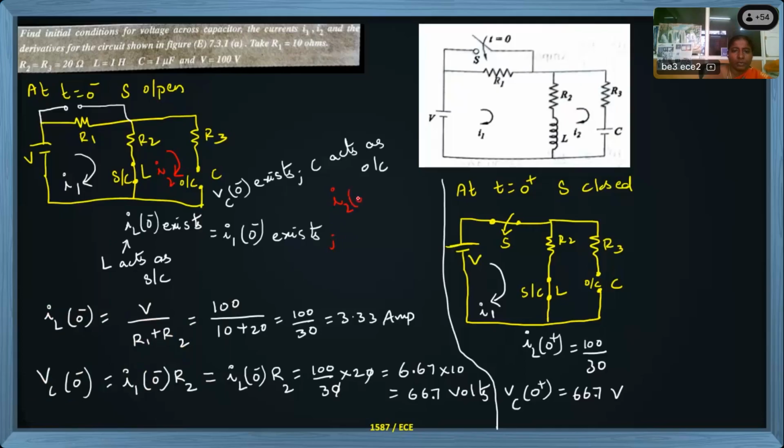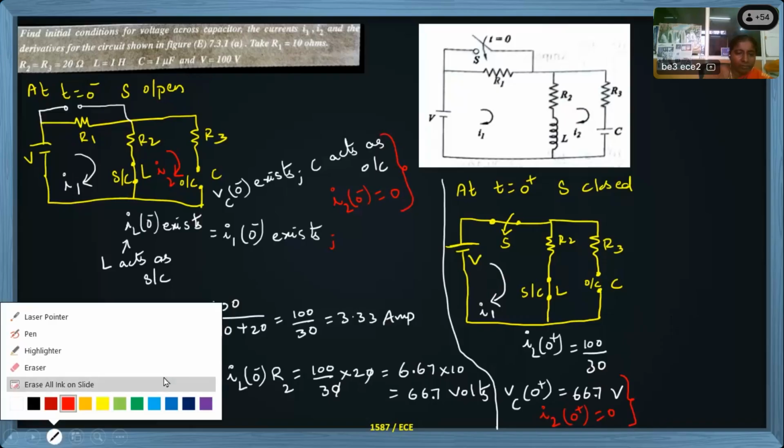I2 current at 0 minus we will take as 0, and we will not discuss the I2 current at steady state. Now at the initial condition, I can say I2 current at 0 plus is also 0, because these two go together. Okay, in the capacitor branch we are discussing.